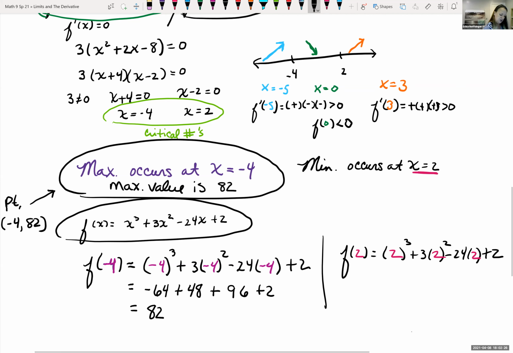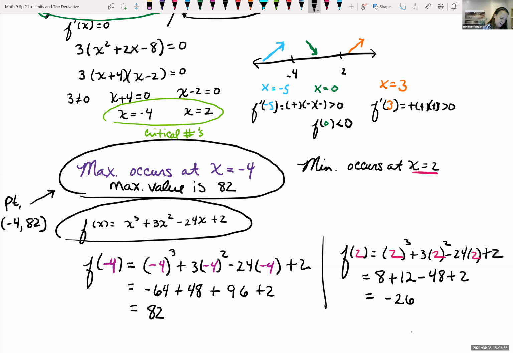Well, if I cube 2, I get back 8. 2 squared is 4 times 3 is 12. Minus 24 times 2 is 48, plus 2. So 8 plus 12 is 20. 20 minus 48 is -28. -28 plus 2 is -26.